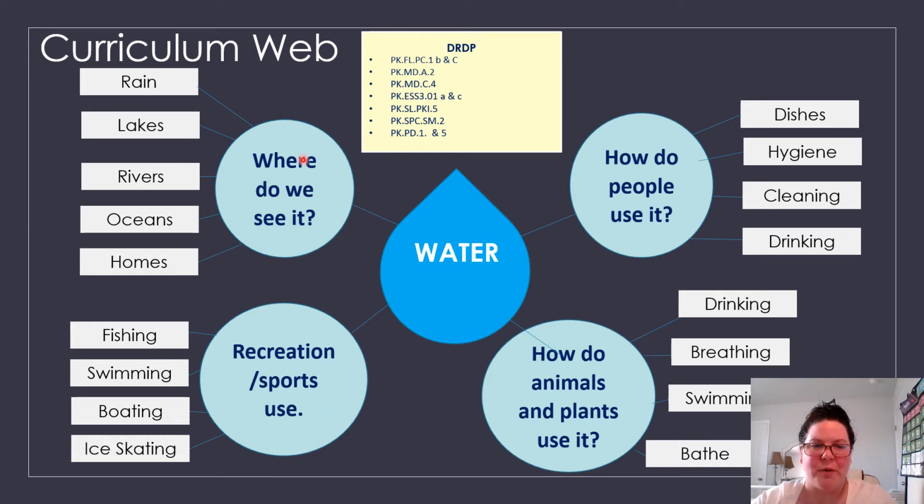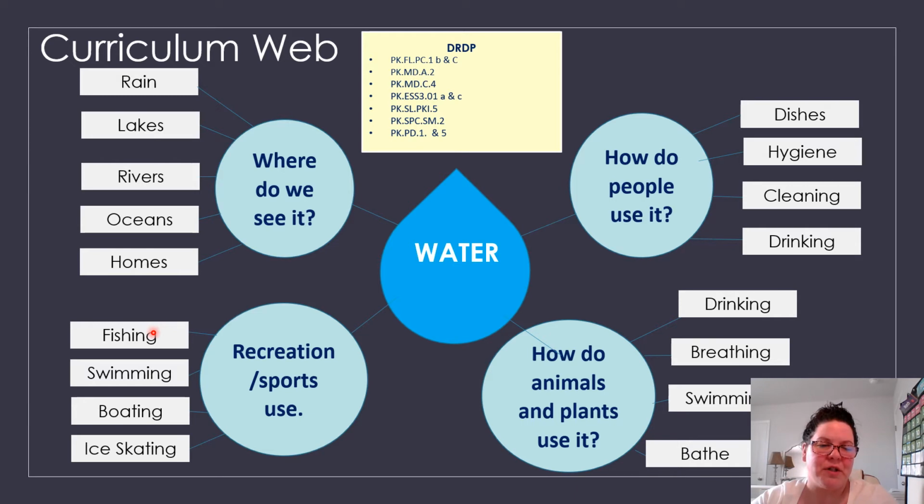So where do we see it? We would see it in rain, in lakes, and rivers, and oceans, and homes. How do people use it? They would use it by cleaning their dishes, taking care of their hygiene, doing house cleaning, and drinking it. How do animals and plants use it? By drinking it, by breathing it, by swimming, and by bathing.